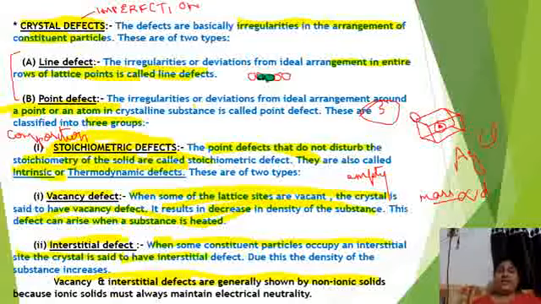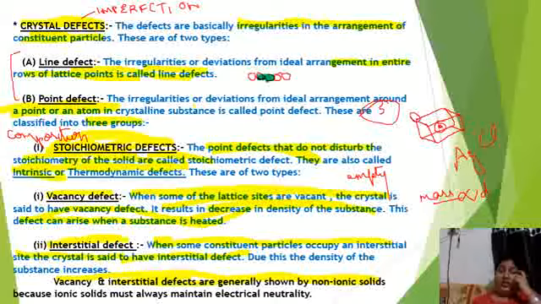It is known as interstitial defect. These vacancy and interstitial defects are shown only by non-ionic solids. They are not shown by ionic solids, because in ionic solids we have to maintain electrical neutrality.